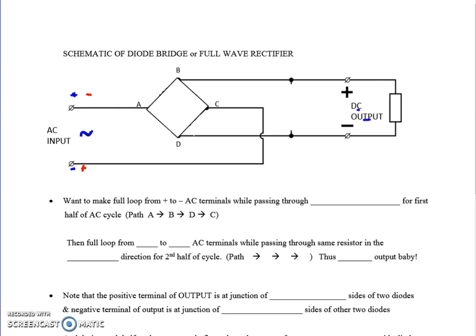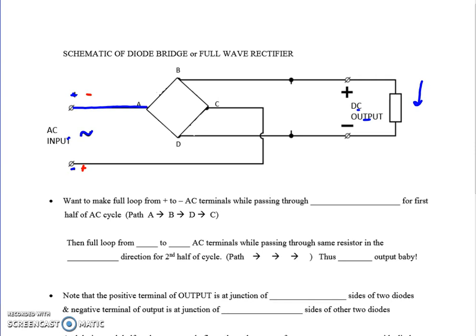Our goal is to take the alternating current that's going through the AC and get direct current that is, in this case, going to be down through the load. So how do we configure the diodes to do that? Well, let's start at the beginning. Let's say at the beginning this top terminal is positive, so we're going to have current going this way.